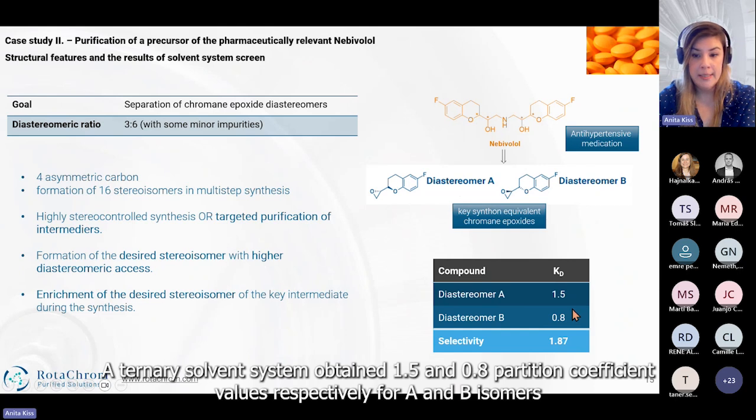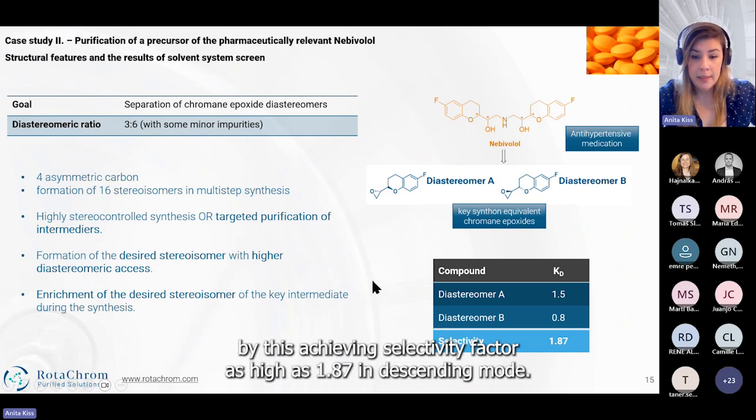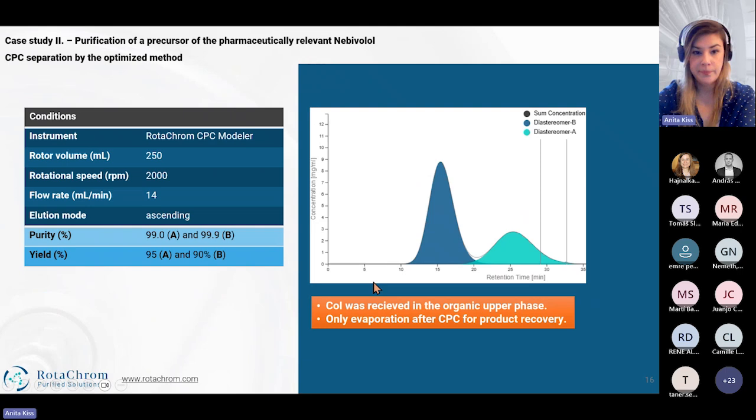A ternary solvent system obtained 1.5 and 0.8 partition coefficient values, respectively for A and B isomers, by this achieving a selectivity factor as high as 1.87, in descending mode. And please keep this in mind, this is in descending mode.